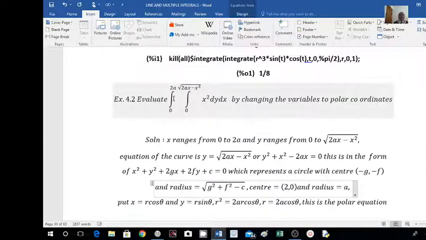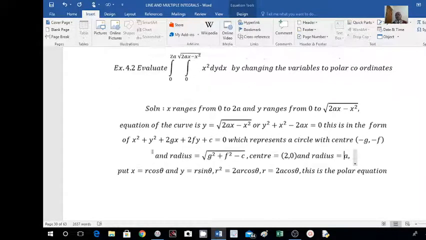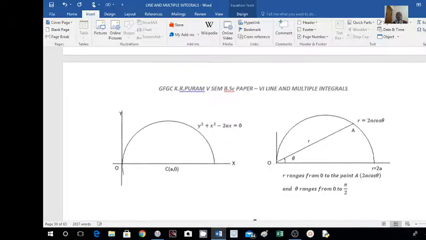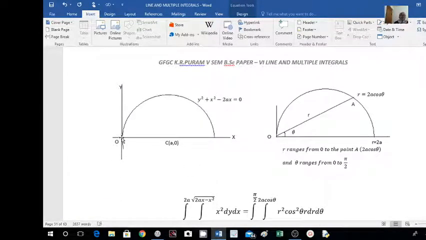X ranges from 0 to 2a, where a comma 0 is the center, and y ranges from 0 to root of 2ax minus x square.